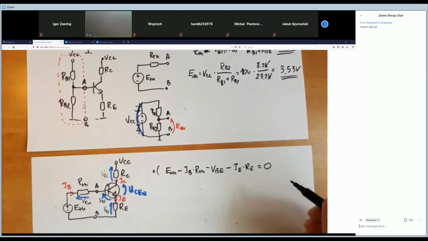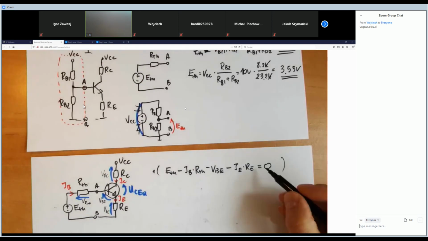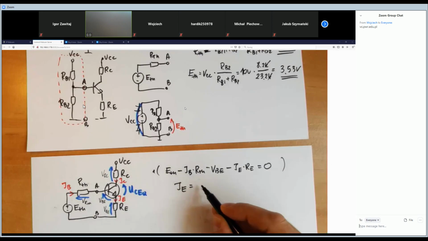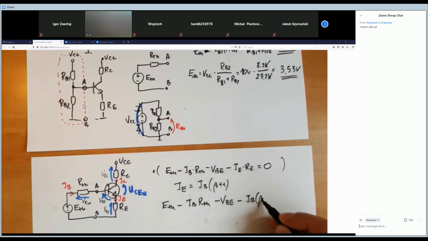We've got it. As you see, this is known, this is known, this is known. The problem is the current. However, we know that the emitter current is IB times beta plus 1. So as you see, ETH minus IB RTH minus VBE minus IB times beta plus 1 times RE is equal to 0. So we have to find the current IB.